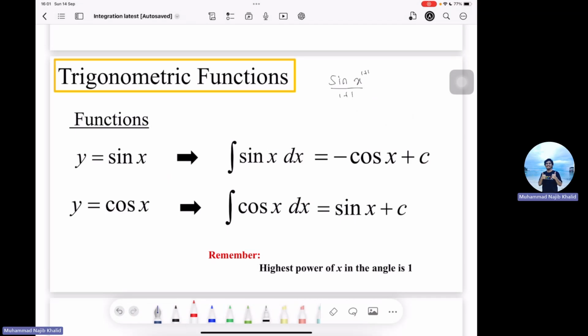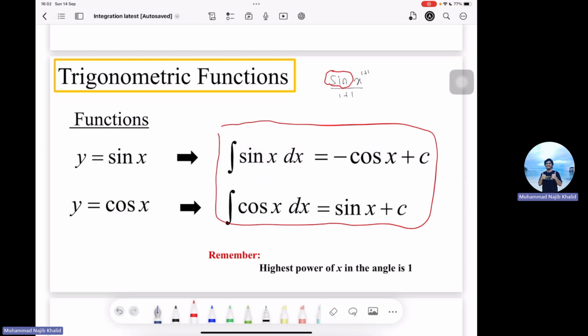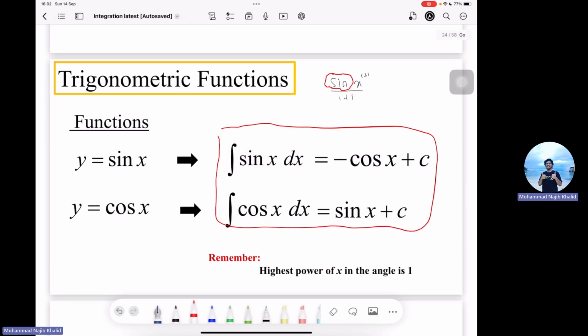Don't do it like this. Why? Because we have sine, a trigonometric function, so you need to refer to the table of sine function here. Don't worry, you don't need to memorize this, because in the exam or test, all will be given. You just need to know where and how to use the integral.